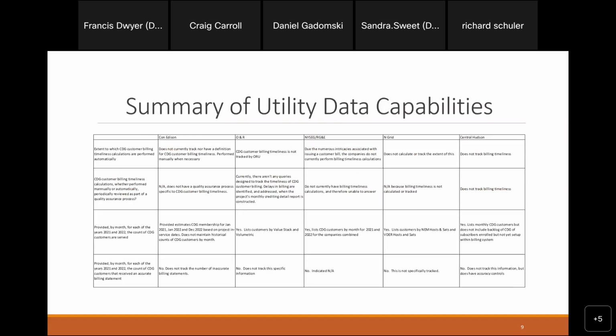And we asked a bunch of questions, and we tried to quickly summarize what we got back in the next two slides. This was quickly done. I'm not sure how accurately we captured the information that we got back from the utilities, but in order to give folks a flavor of what we were looking for, we asked questions along the lines of the extent to which the utilities have automated the tracking of the timeliness of their CDG customer billing.